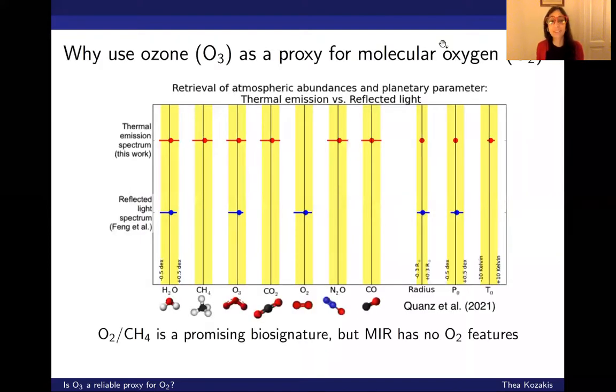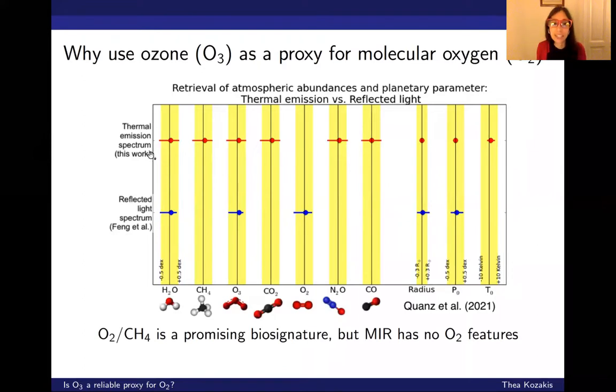So to start off, why would we want to use ozone as a proxy for O2? And the answer to this is summed up in this figure here, which was in the white paper for the LIFE mission. And it's about the retrieval of Earth-like atmospheres, and it's showing which molecules and planetary quantities can be retrieved with the thermal emission spectrum, which is what the LIFE mission would do, or in a reflected light spectrum.